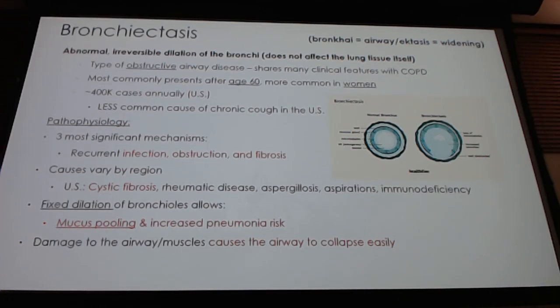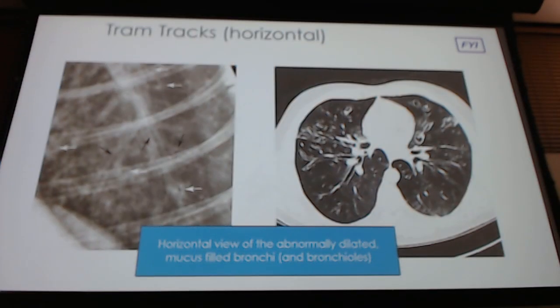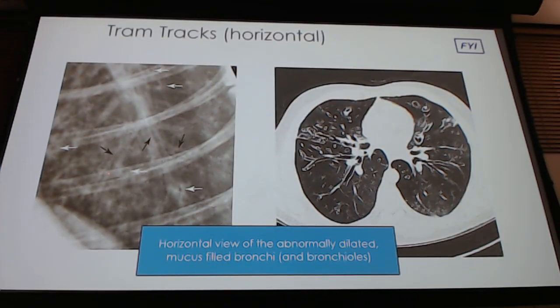They're not going to look normal. When you look at them straight on, let's look at this one over here, you're going to see that dilated bronchiole. And when you look at them from the side, they call them tram tracks. This one's hard to see, but you can kind of see them on this one. So those are tram tracks.